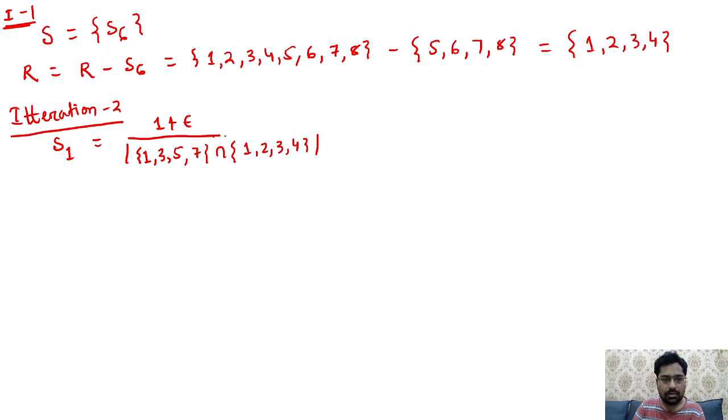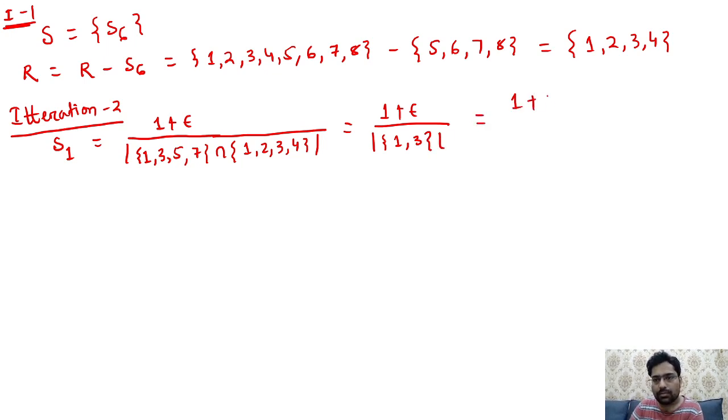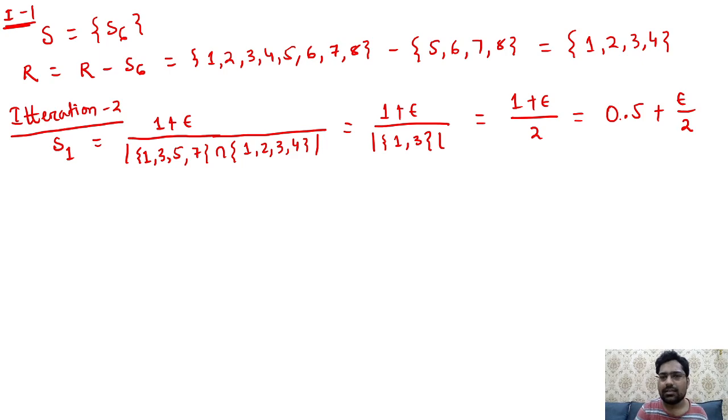How do we get the intersection? 1 plus epsilon, then the existing elements are 1 and 3, and nothing else. So we can say 1 plus epsilon by 2, then we can expect 0.5 plus epsilon by 2. Why am I saying epsilon always? Because epsilon has a certain value. We don't have to decide that right now, but it definitely lies between 0 and 1.